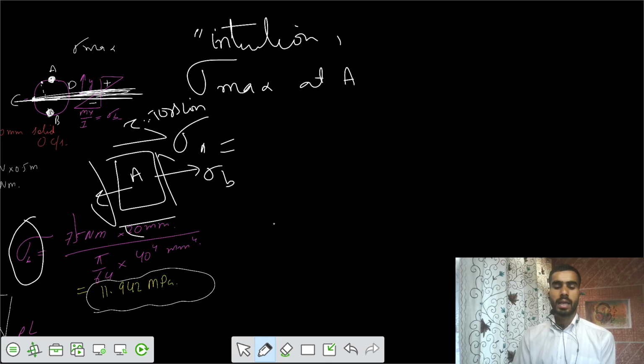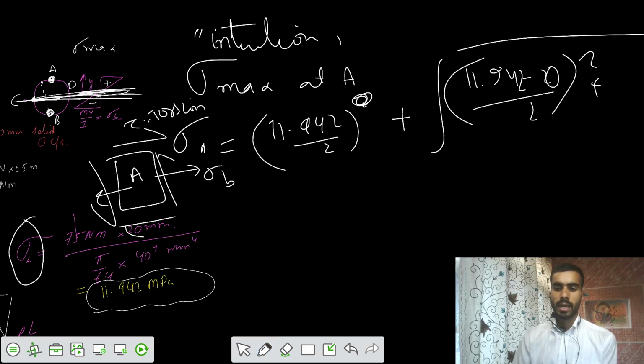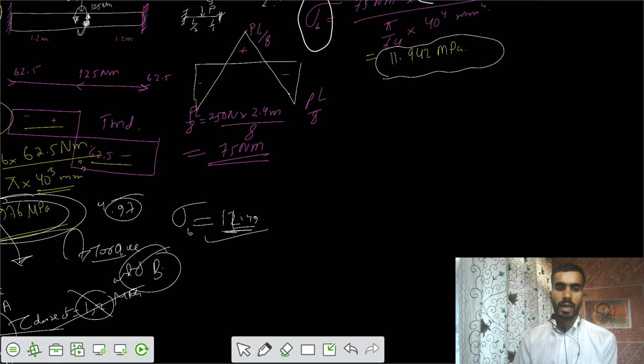So you can write sigma 1 equals 11.942 plus 0 divided by 2, plus the radius, square root of 11.942 minus 0 by 2 whole square plus tau square. The value of tau here would be because of that torsion, that is 4.976.